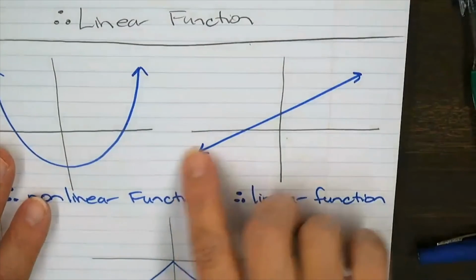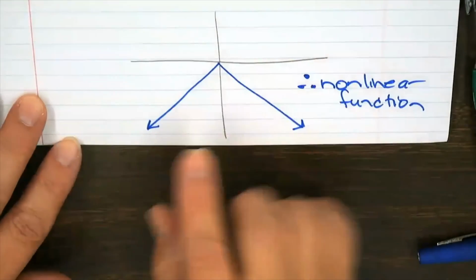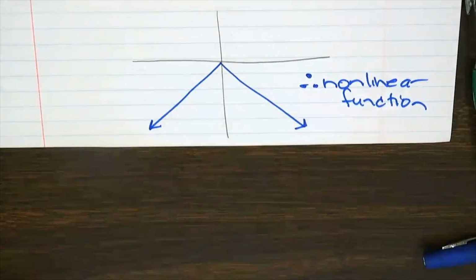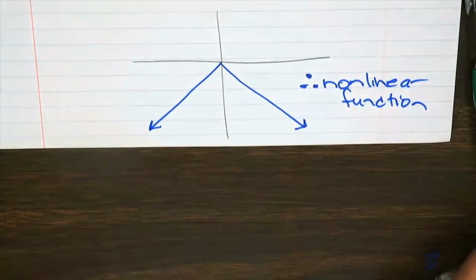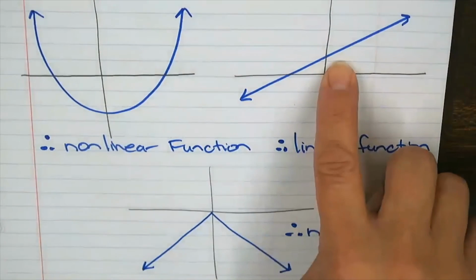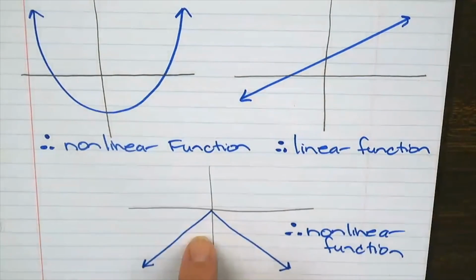So here we have one straight line. Here, this is not one straight line. So it is a nonlinear function. So that's what we're doing today. They're going to be giving you graphs, and you need to decide if it's linear or nonlinear.